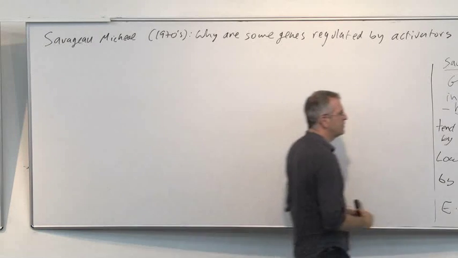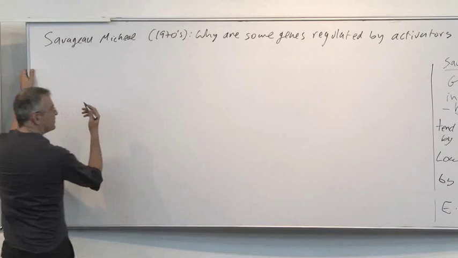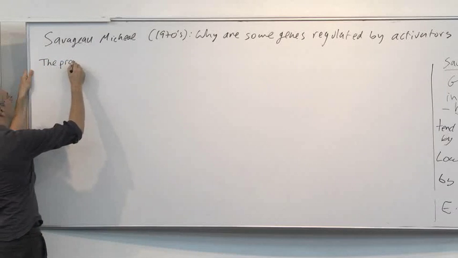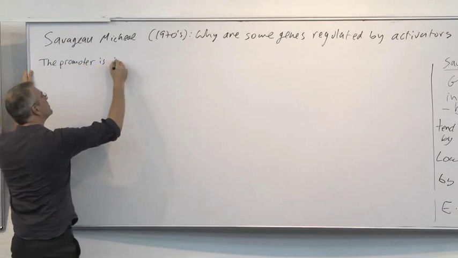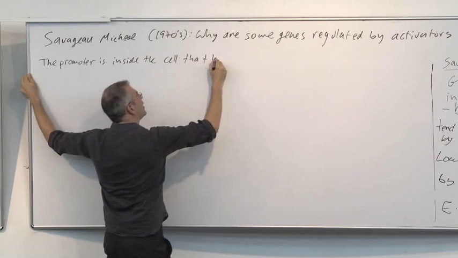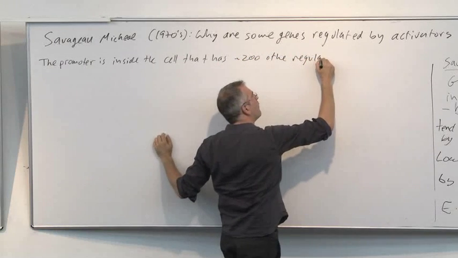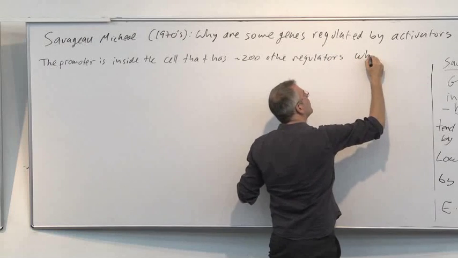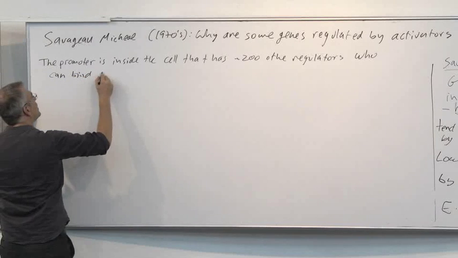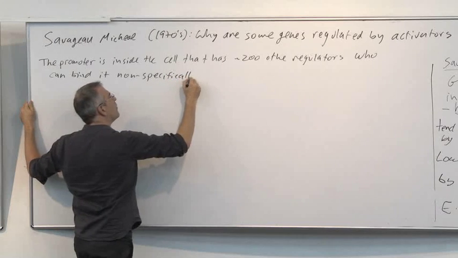We're going to take a look at the same problem from the point of view of specificity. So we're going to say that the promoter is inside a cell that has about 200 other regulators, right, who can bind it non-specifically.